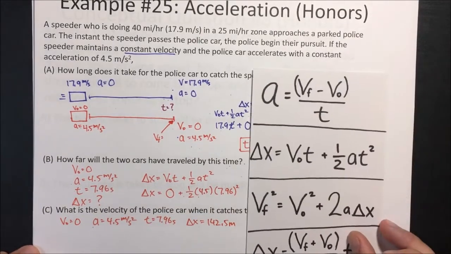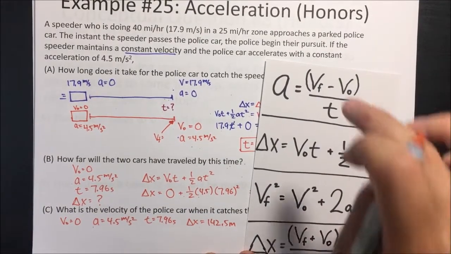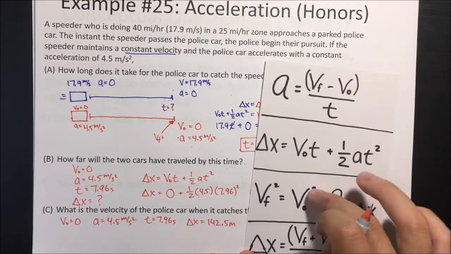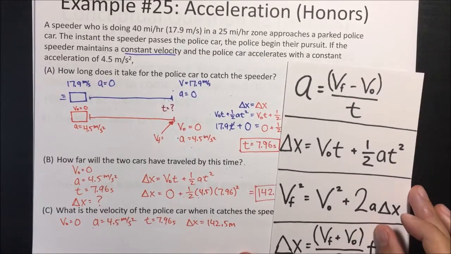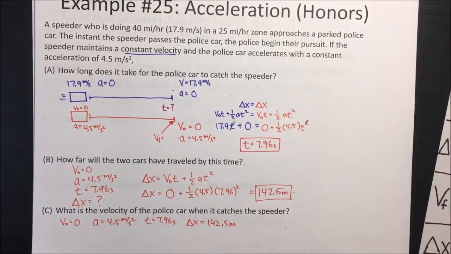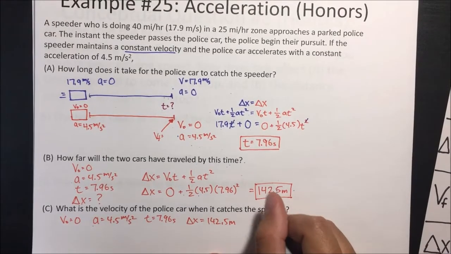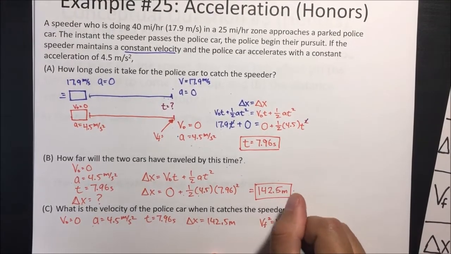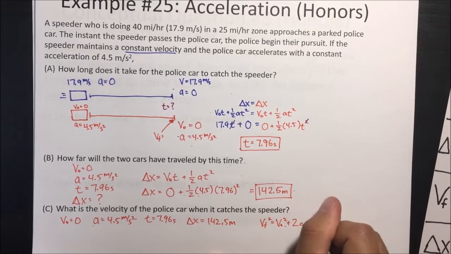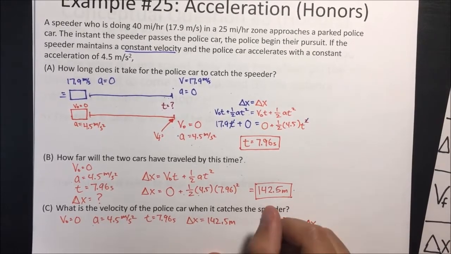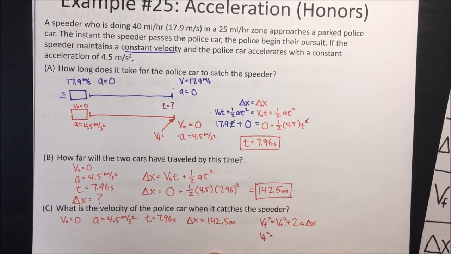Now we look at our formula sheet, and there's a few we can use. We can use this one here, this one over here, and why not, this one over here. So we're going to use that formula. V final squared is equal to V initial squared plus 2a change in x. And we're looking for what this final velocity is.